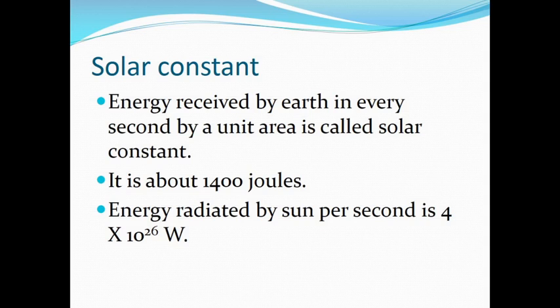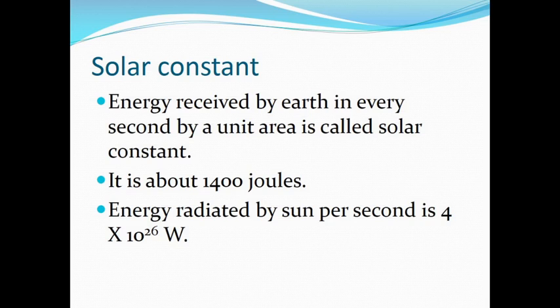So the total energy is approximately 4 into 10 raised to 26 joules, or we can say the energy radiated by the sun per second is 4 into 10 raised to 26 watt. How can we calculate it?